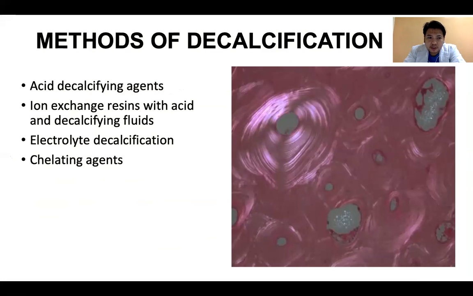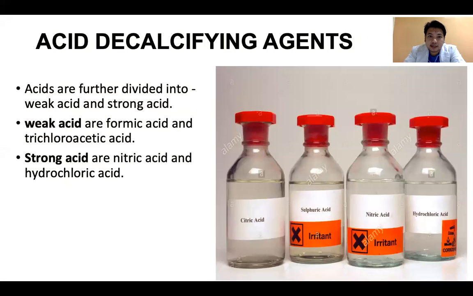We have four types of process for decalcification: acid decalcifying agents, ion exchange resin, electrolytic decalcification, and chelating agents. The one we will use is the acid decalcifying agents.